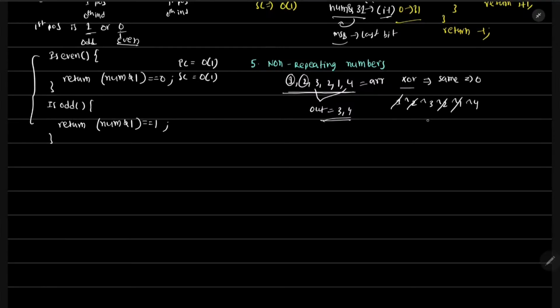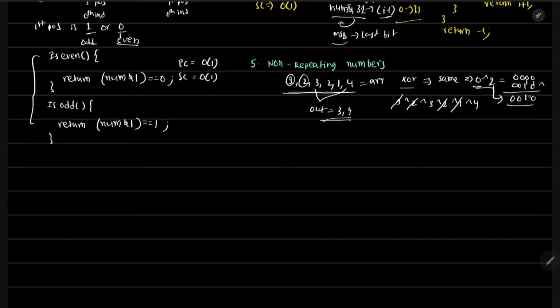The 2s cancel out and become 0. So what happens if you do XOR of 0 with some other number, like 2, maybe here? It will be the same number as 2. So if you XOR with 0, it will be the same number, right?